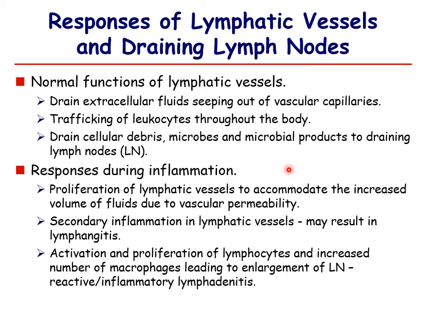Now, during inflammation, because the extracellular fluid increases, lymphatic vessels proliferate to accommodate the increased volume of fluids coming out of the blood vessels. And this may lead to secondary inflammation in lymphatic vessels. When that happens, it is called lymphangitis.